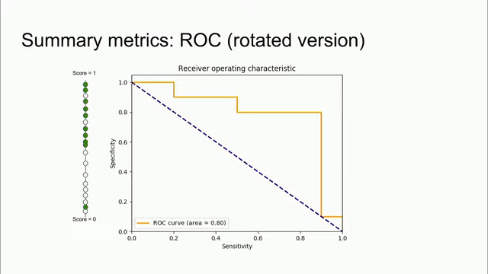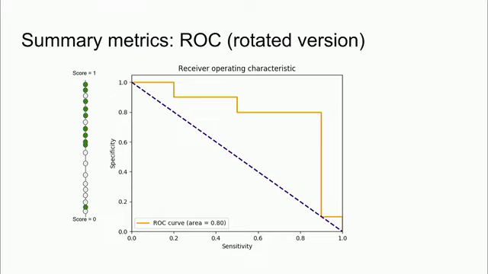This curve already gives you a pretty good visual representation of how well you're doing. One summary metric you can compute that gives you one overall, threshold-independent number is the area under this curve, called the AU-ROC, the area under the ROC curve. That gives you a sense of how well these results are ranked.